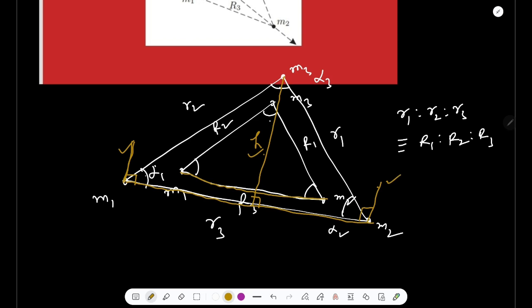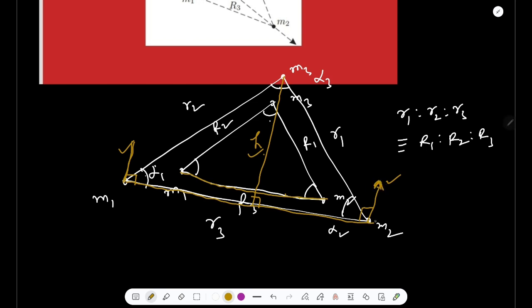What I'm trying to tell you, using simple concepts, is that if these two sides are parallel, then the projection of velocities and accelerations of masses m1 and m2 along this perpendicular should be equal. I don't have any information about velocities, but because they are moving parallel to each other, the accelerations must be the same.